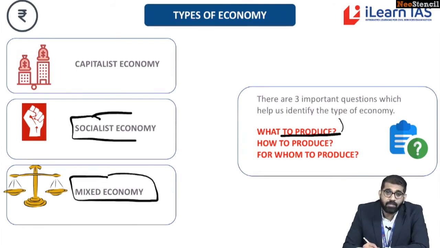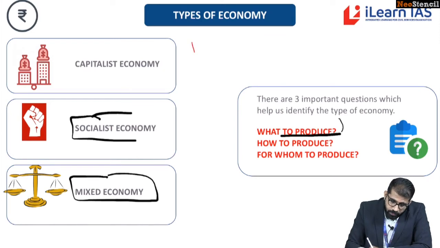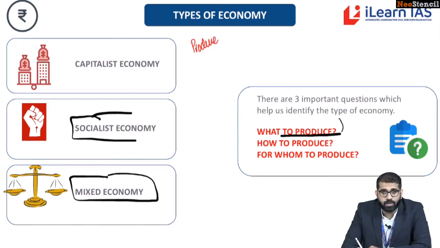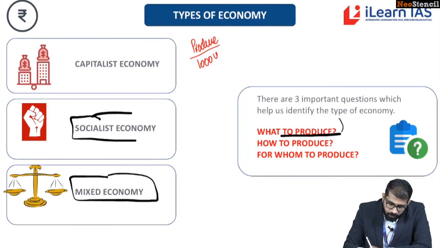Now, as I've already mentioned, suppose you are producing 1000 units. For this production, you are employing 100 employees.